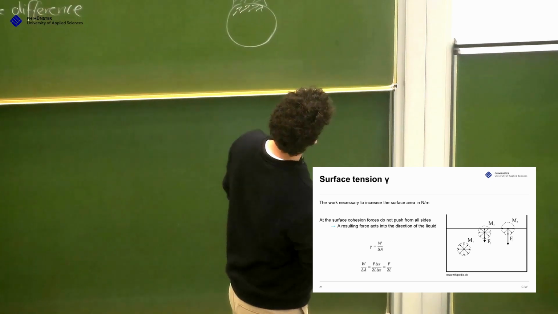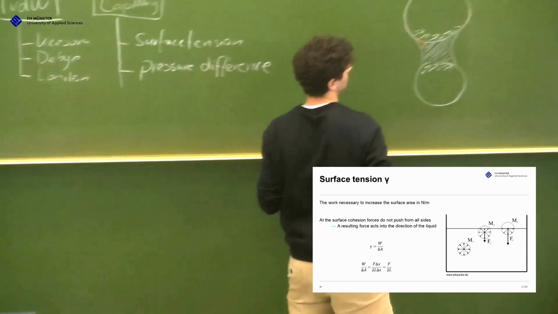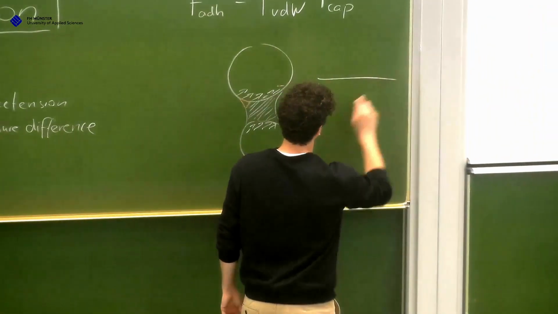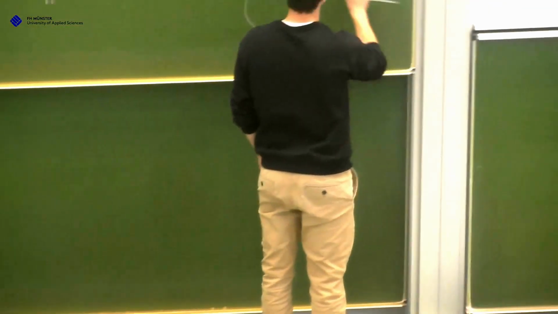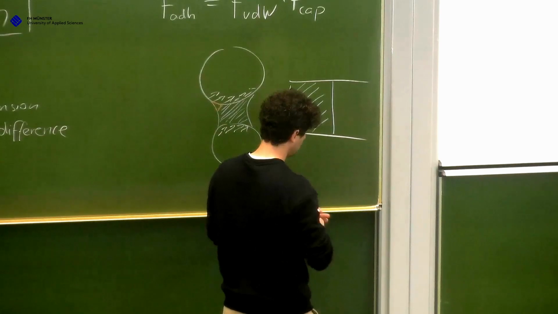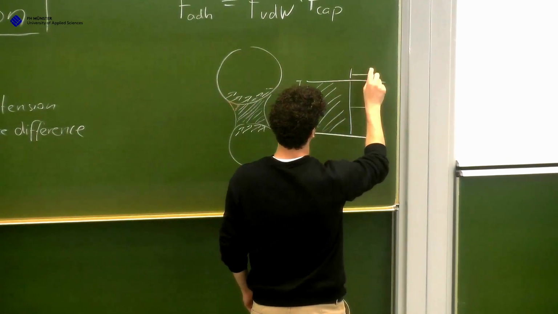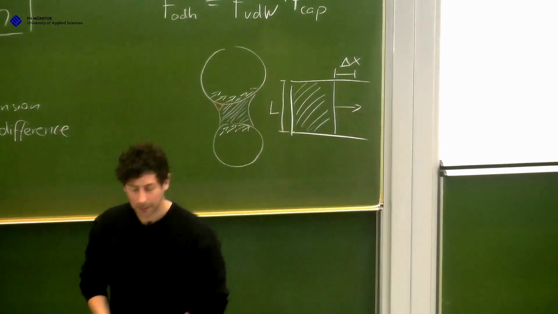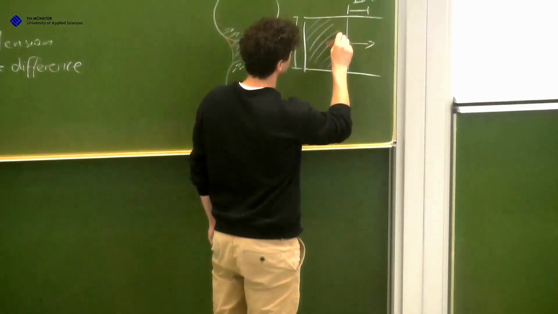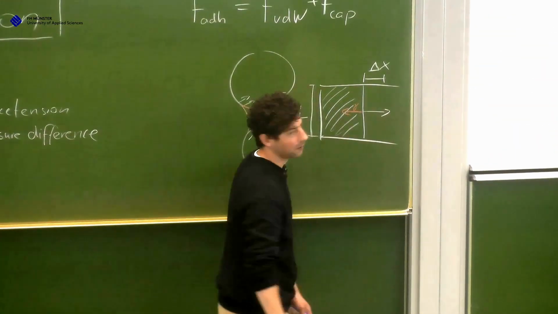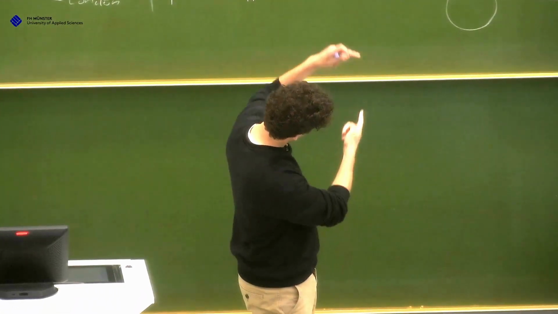And the area, and this is basically for an idea that I have a liquid here, and I want to pull it in this direction. And the counter force here, this is surface tension. And the delta x is the stretching, and L is the height.